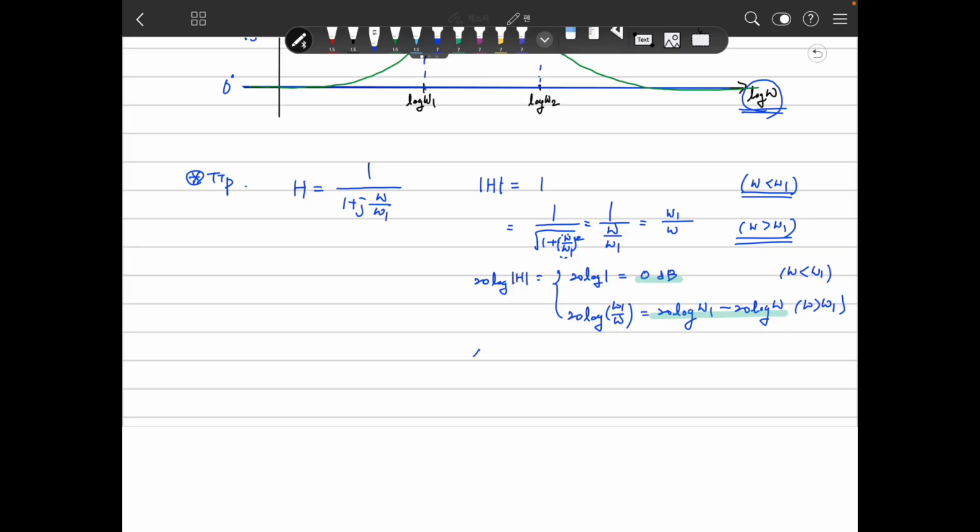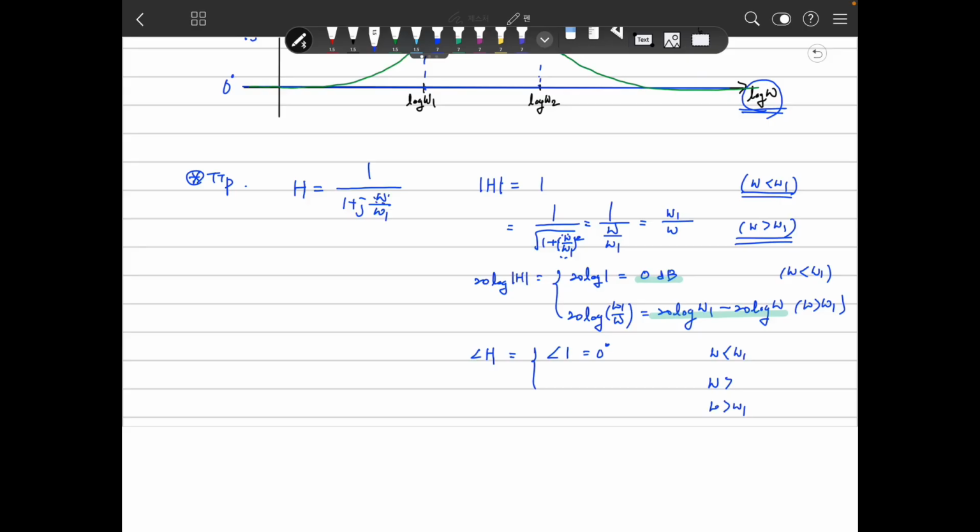And how about the phase angle of H? When omega is very small compared to omega 1, the phase angle of 1 is 0 degree. And how about when omega is very large compared to omega 1?